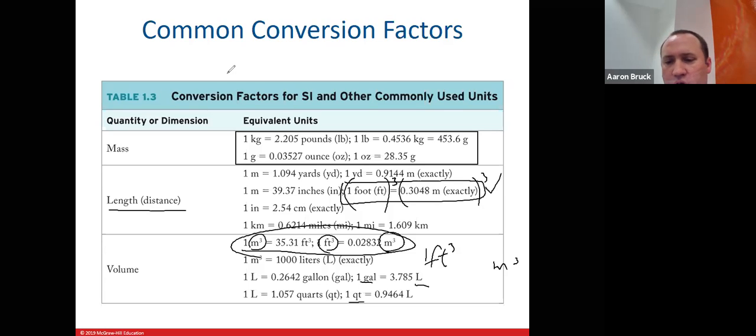So 1 cubed is 1. 0.3048 cubed is 0.02832. So that system, these numbers here do match up with the arithmetic algebraic manipulations of those conversions in the cases of cubes and squares and so on.